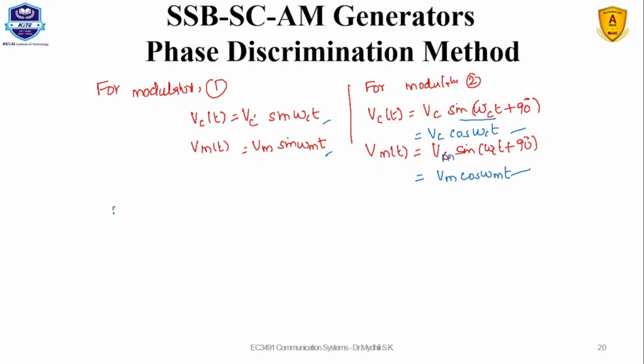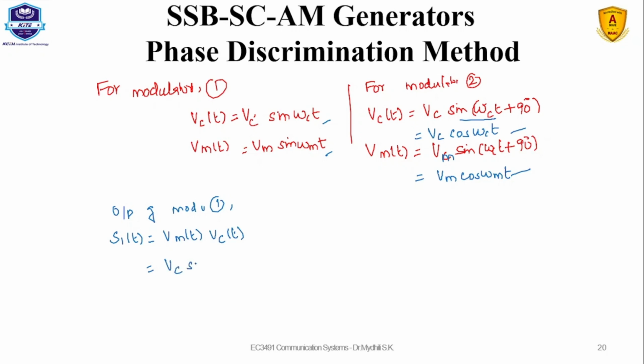So what is the output of modulator 1? With respect to the diagram, it is S1 of t. It is nothing but Vm of t into Vc of t, just a product of the same.